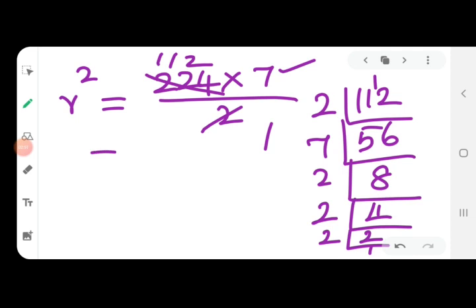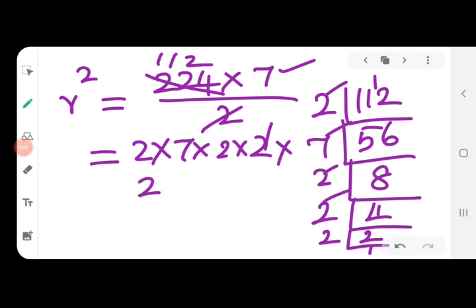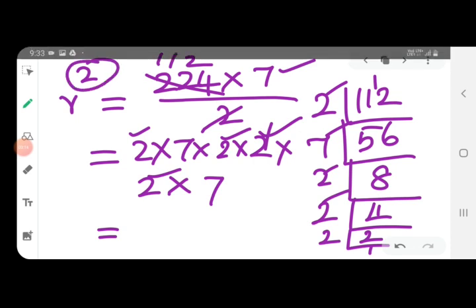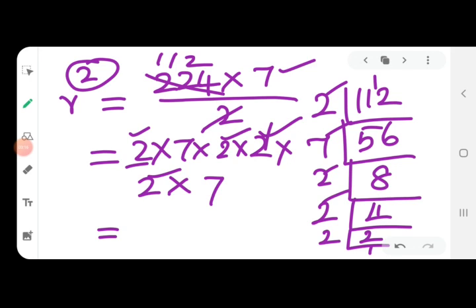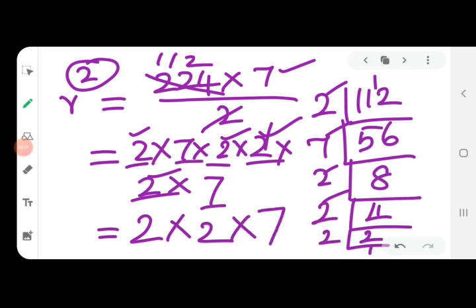Now we can write 112 as 2 into 7 into 2 into 2 into 2 into 7 into 2 into 2 into 1 2 into 7. Here we have 4 2s. Since it is a square, we choose 2 2s as one 2, and the other 2 2s as another 2, and for two 7s, one 7. This will be our R value.